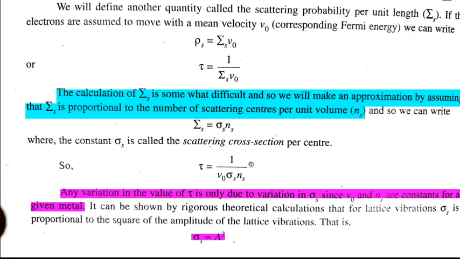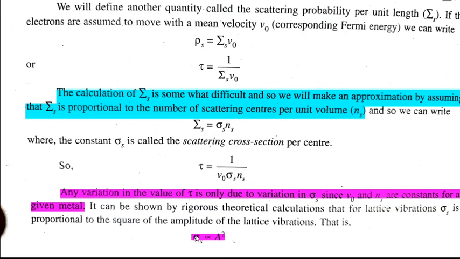When an electron passes through a host ion or a scatterer, let me use the technical word as the author has used, the scattering center, what is the cross section per center that it encounters.